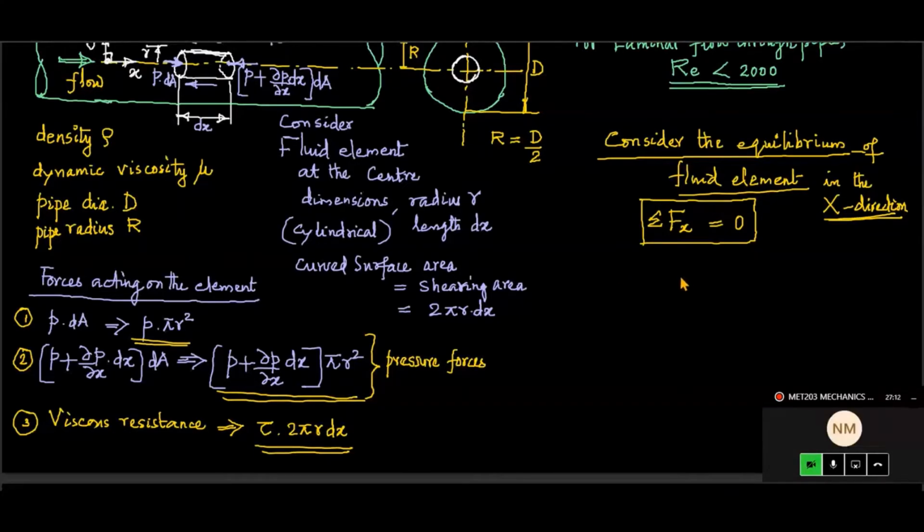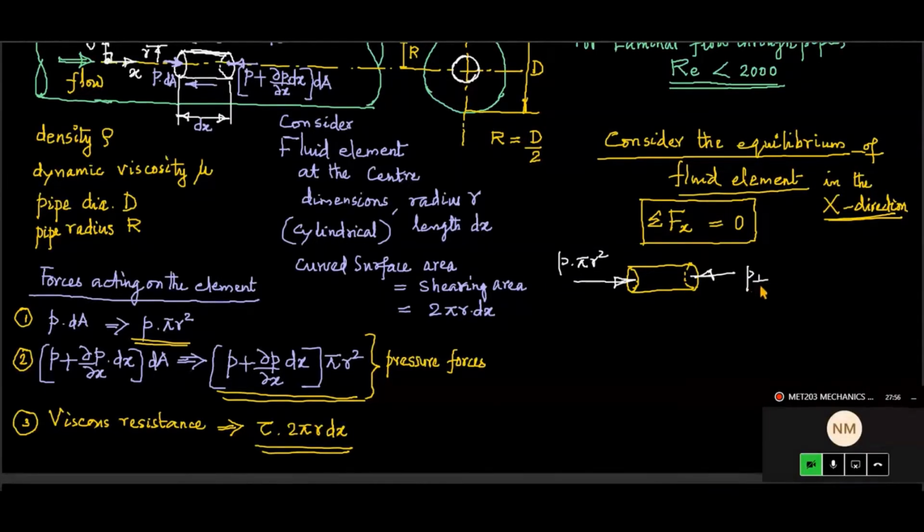That's why sigma Fx equals 0. So now we consider the forces. On the left side, you have P into pi r squared, and on the right side, the pressure force is always acting on the section, so it is not in the positive x direction but acting to the left.